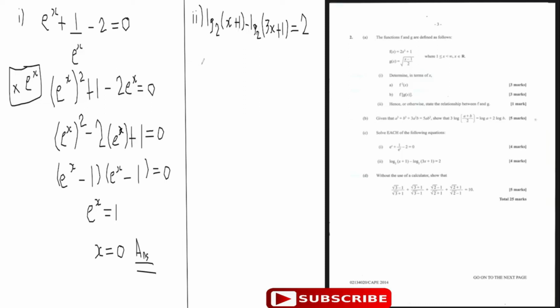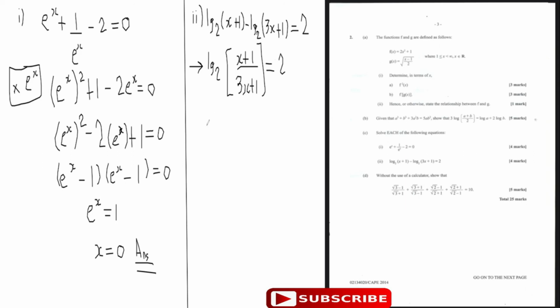Now, since that is so, this implies that we can join them together as one log: log to base 2 of x plus 1 over 3x plus 1 is equal to 2. Now remember, the log of a number to a base is equal to a power.